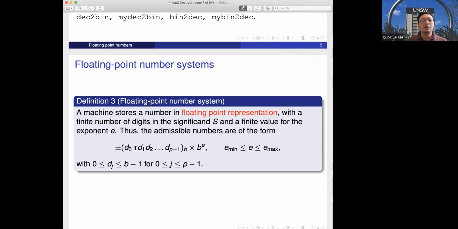So d0, d1 up to d(p-1), then you've got only p digits. And then the exponent. In the real number system, you can have an exponent from minus infinity to plus infinity, but inside a machine you have to give a range because everything is finite inside the computer, so it has a range from E min to E max.